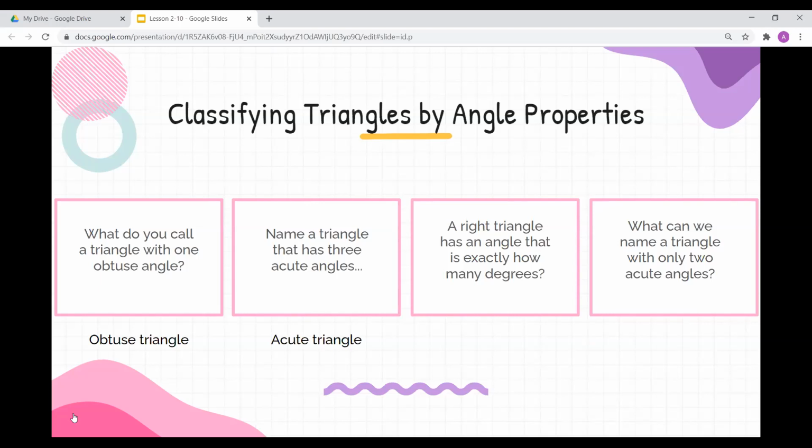And keep in mind, acute means that the degree is going to be less than 90. Next answer, right triangle. A right triangle has exactly 90 degrees. And if you said 90 degrees, you are absolutely correct. Finally, obtuse or right triangle is the answer to this one. It just depends on the third angle.